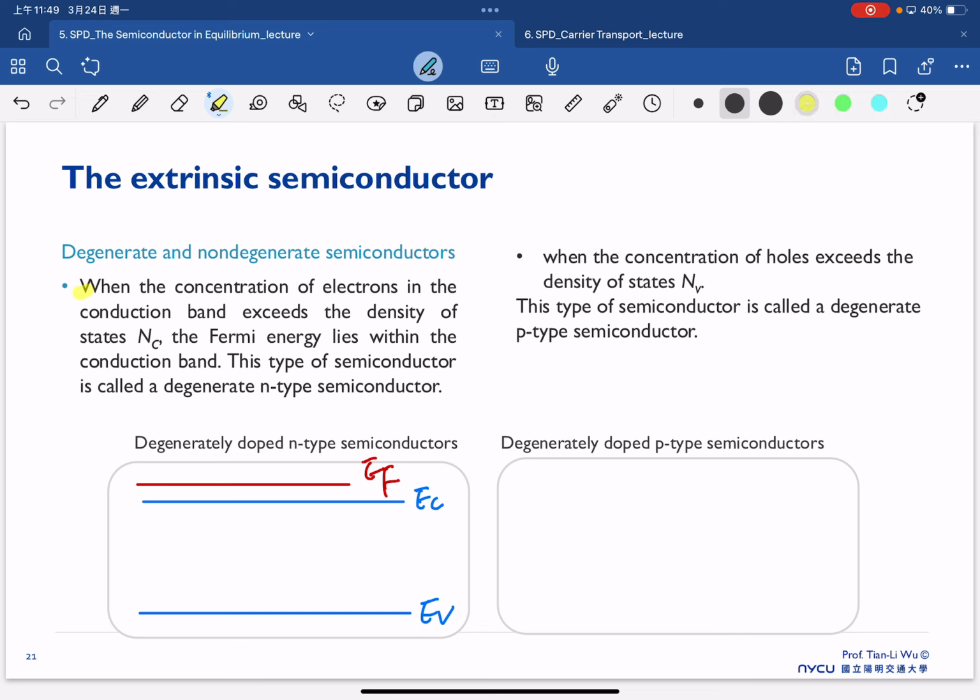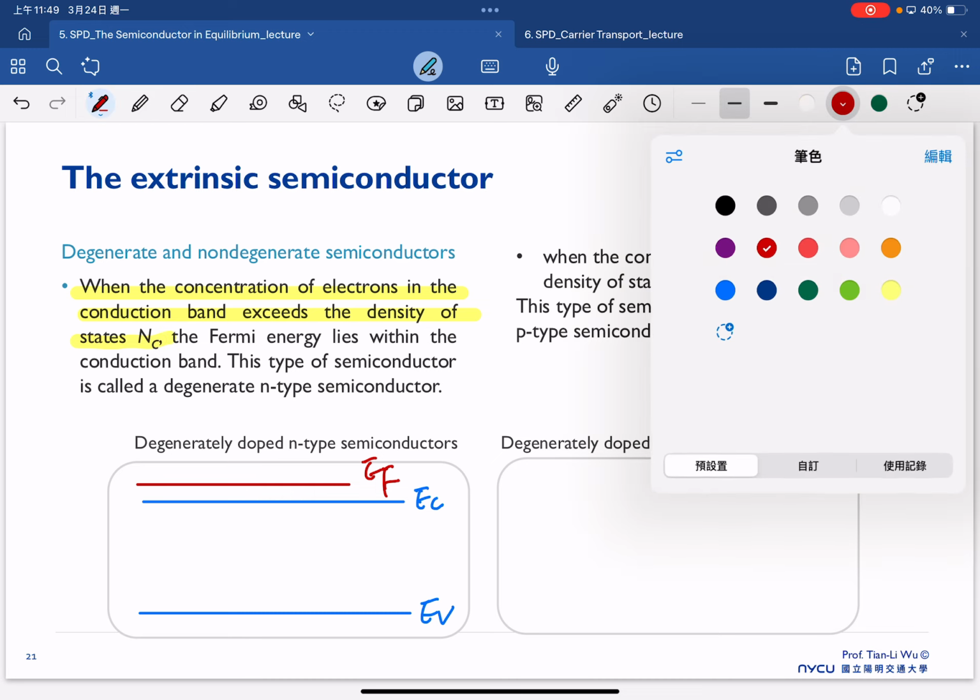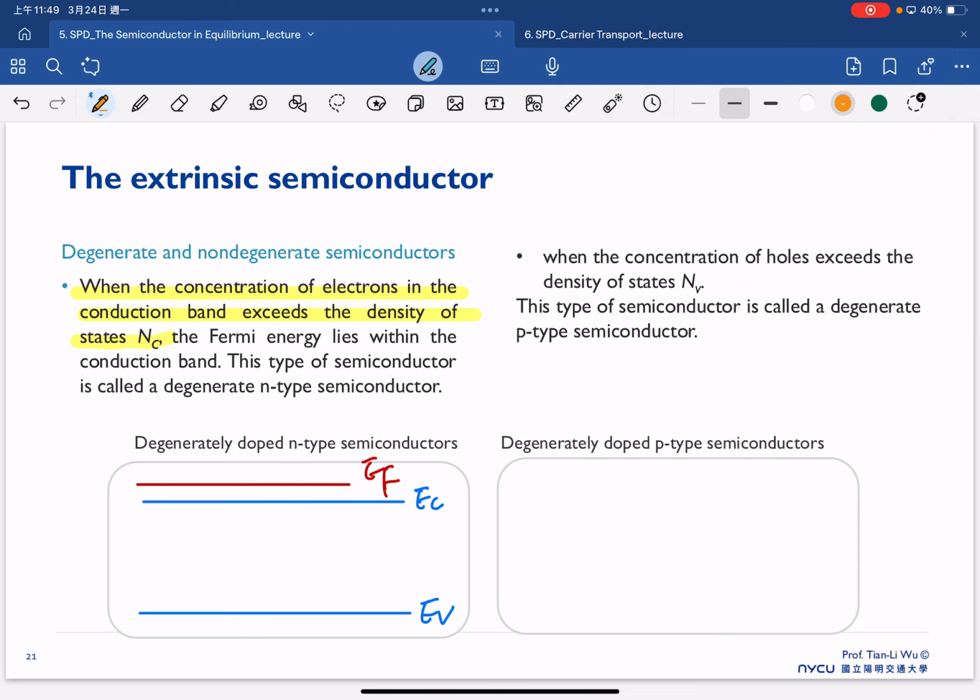So that's the case when the concentration of electrons in the conduction band exceeds the density of states NC. So we have the EF, which is above the EC. And in this case, we call it a degenerate doped N-type semiconductor.